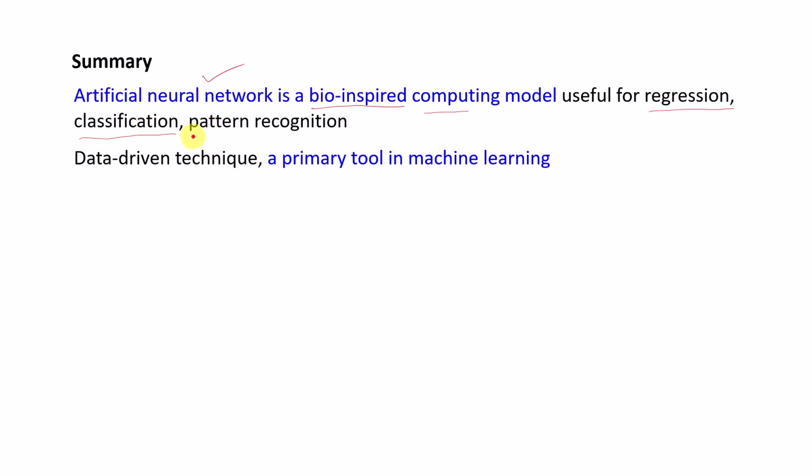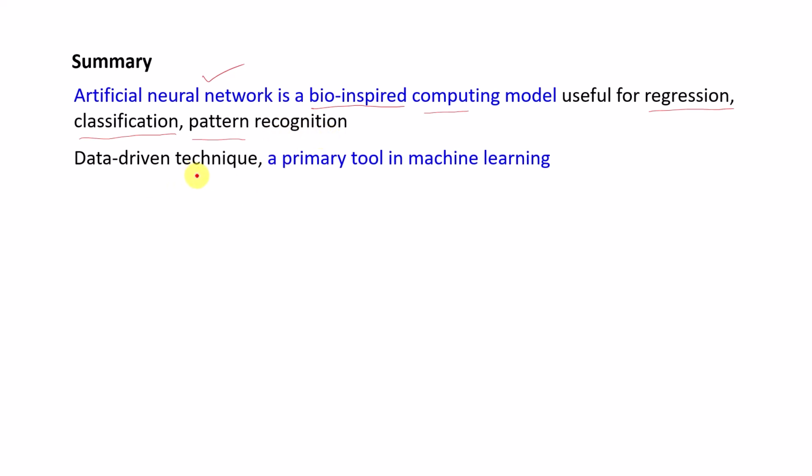And it can recognize patterns, which we have of course not discussed here. This is a part of unsupervised learning, which we are not discussing. But in a complex data set, neural network can bring pattern out of the complex data set.